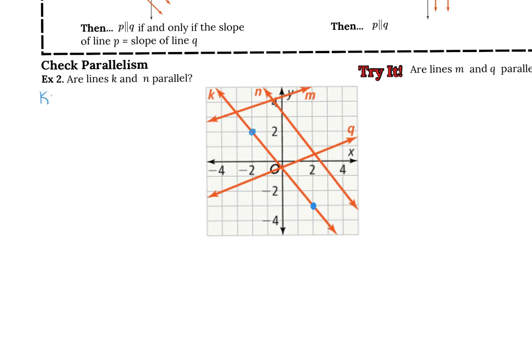I'm going to go ahead and write those. The first one is (2, -3), and then the next one is (-2, 2).